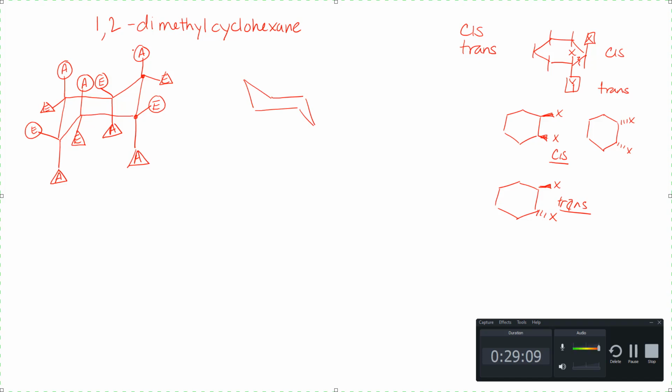So notice that the axial above and the axial below alternate as we go from carbon to carbon. Axial up, axial down. Axial up, axial down. You get the idea. And every carbon then has a position above and a position below.